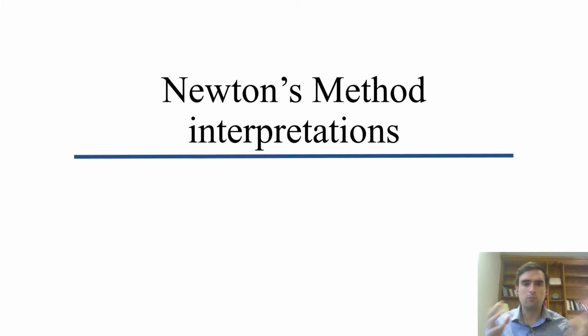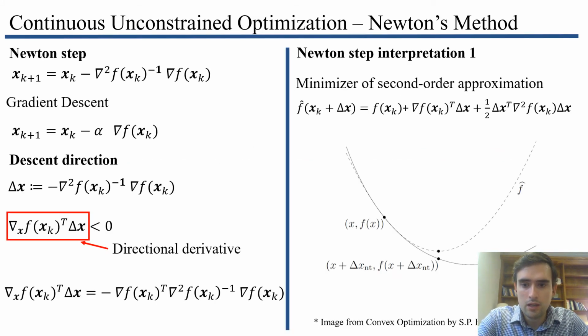Okay, now we're going to talk about what this means. Why are we taking the inverse of the Hessian and putting it in the step size? The first interpretation of the Newton method is that we're minimizing a quadratic approximation of our function. So what does this mean? We have our current function, and I'm going to do a second order Taylor series approximation of my function at my current point xk, for my step size.